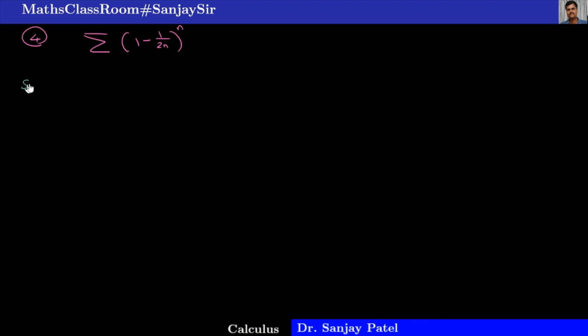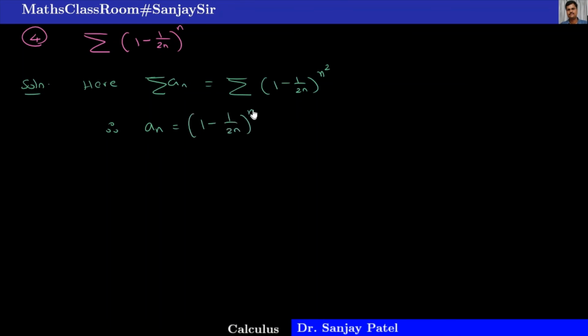So we'll try to apply the Cauchy's root test. Here the series given, sigma an, is sigma 1 minus 1 upon 2n raised to n square. Therefore, the nth term is 1 minus 1 upon 2n raised to n square.